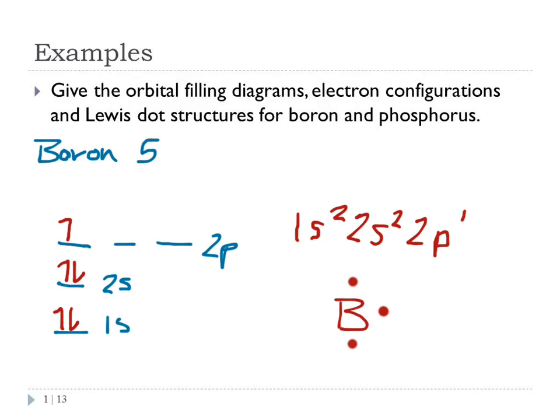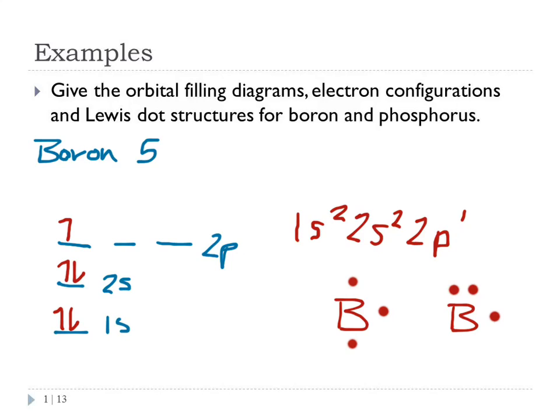When we write those dots, we use the positions top and bottom, right and left, and just as a convention, just like filling the seats on the bus or the orbitals, we're going to put them in singly and then pair them up. So this is a good Lewis structure for boron. This is not the best, pairing those up.